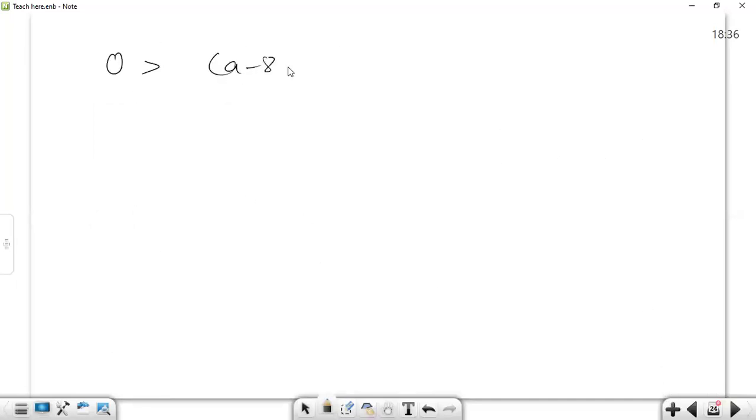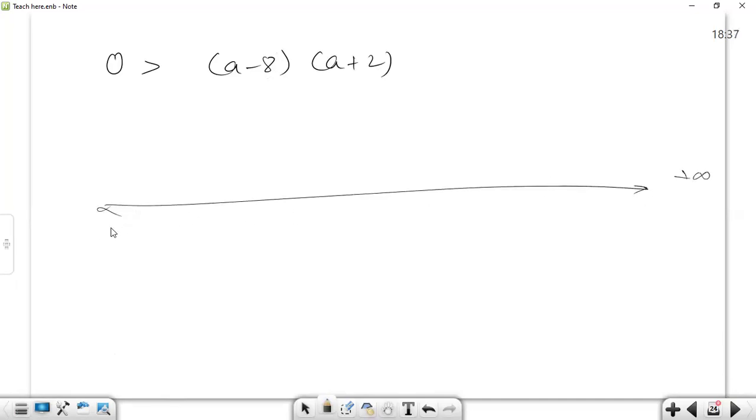0 less than a minus 8 into a plus 2. This was the inequality. Now we are better equipped to solve this. As per our discussion, plus infinity to minus infinity, this is the line of x. So 8 will be written here, and minus 2 will be written here. Is that correct?